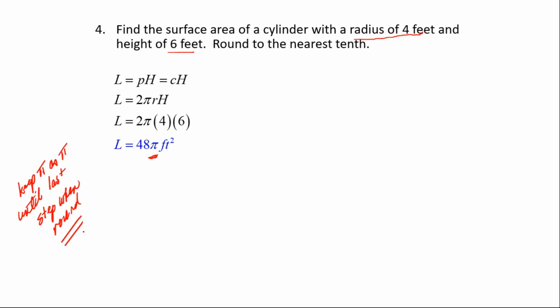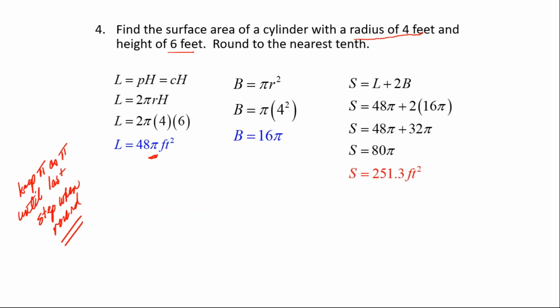If you do that, you have less writing of numbers and it keeps the accuracy. Area of the base. Now I'm filling into that formula. This is why I did what I did. I kept pi all the way through till I got to the last step. Then I let the calculator do 80 times pi. 80 times the pi key.